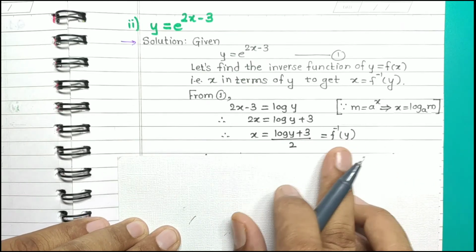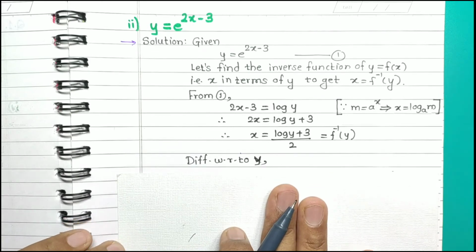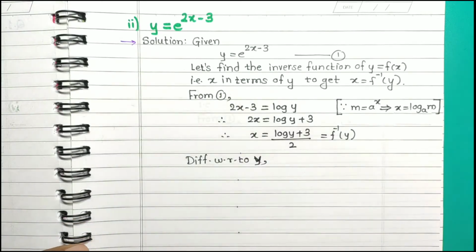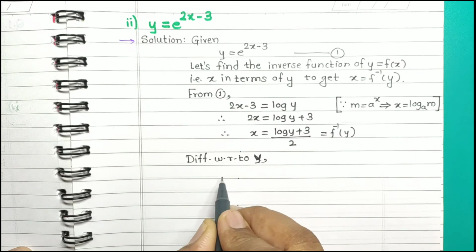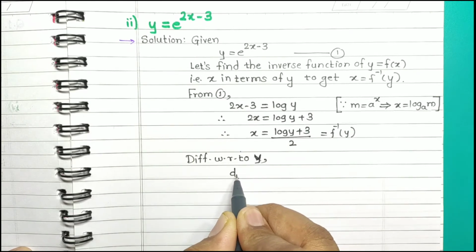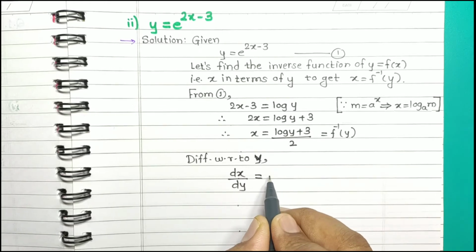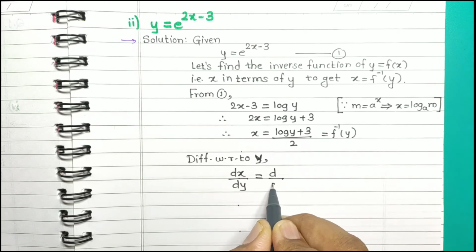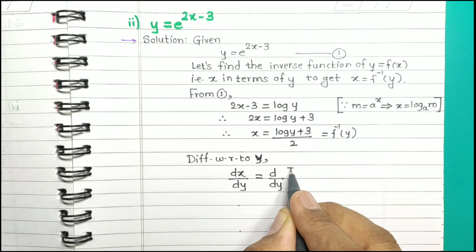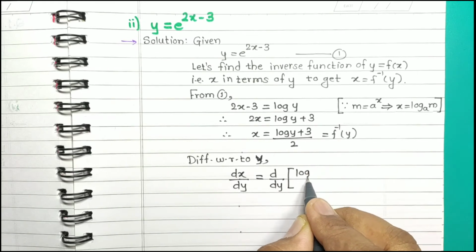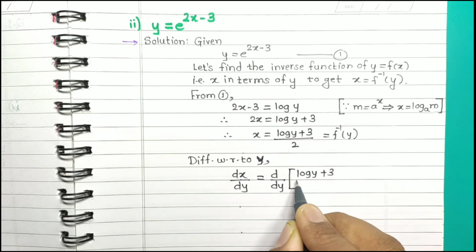Now differentiating this function with respect to y, we get dx by dy is equal to d by dy of log y plus 3 upon 2.